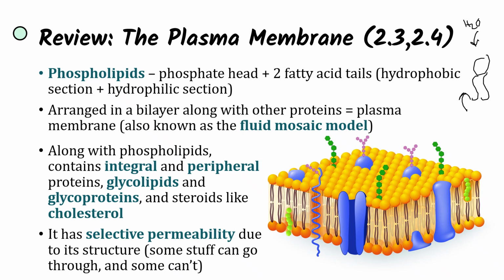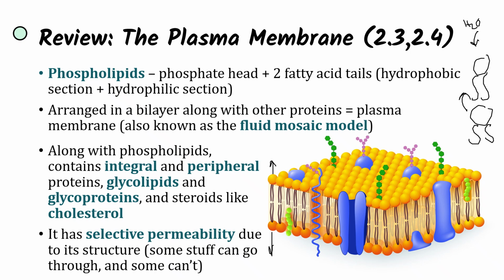Now, why are they arranged in this way, where we've got one phosphate head pointing up and the other one pointing down? Why didn't they arrange themselves with the phosphate heads pointing in the same direction? The reason is because of the hydrophobic and hydrophilic sections. Outside of the membrane, there's going to be water, an aqueous solution, something that's going to have water in it.